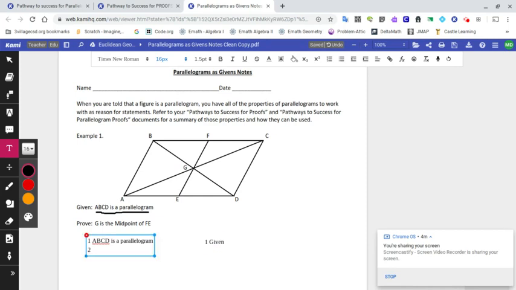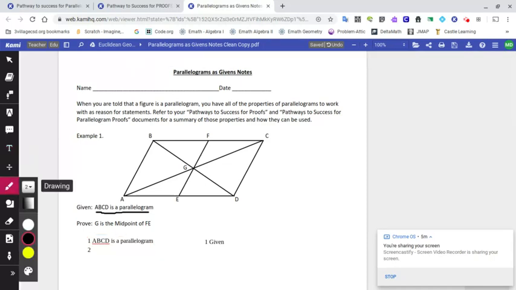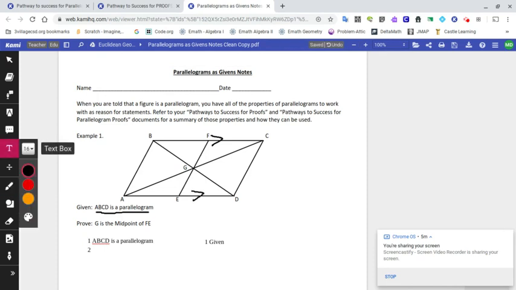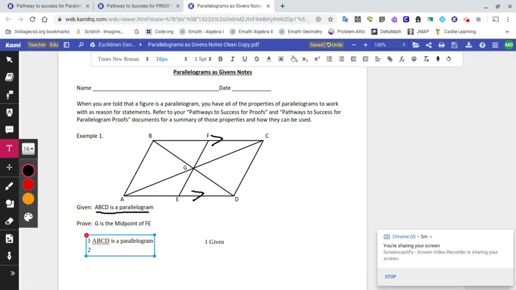Now I ask myself, what do I know about parallelograms? Well, by definition of parallelogram, aren't the two pairs of opposite sides parallel to each other, right? So I can say that this side is parallel to that side. So that's going to be my next step. I'm going to say BC is parallel to AD, and this I can say is by definition of parallelogram.